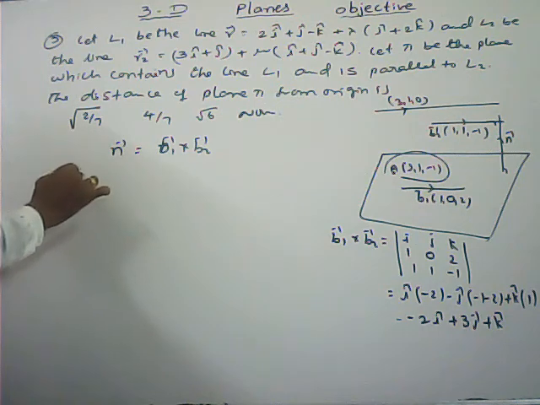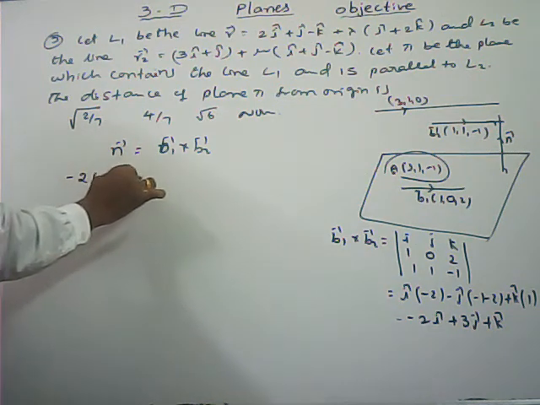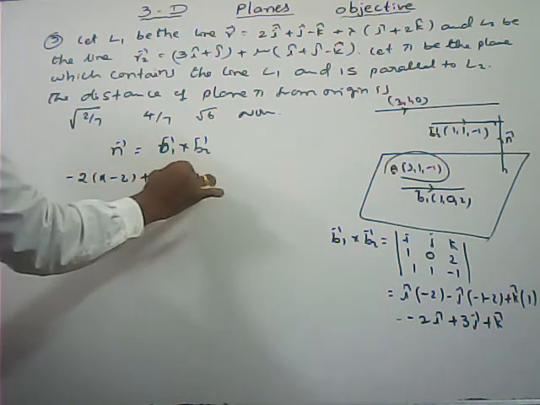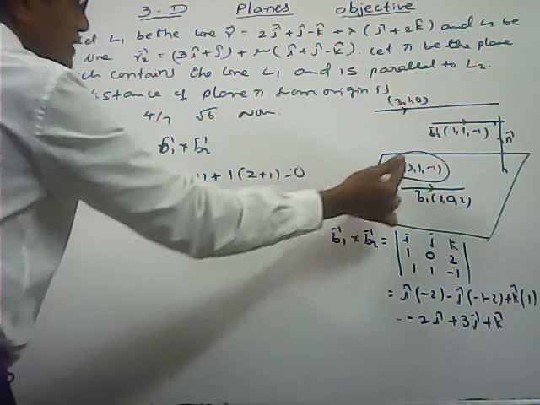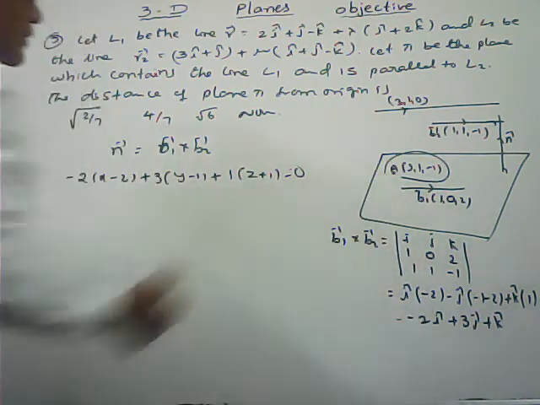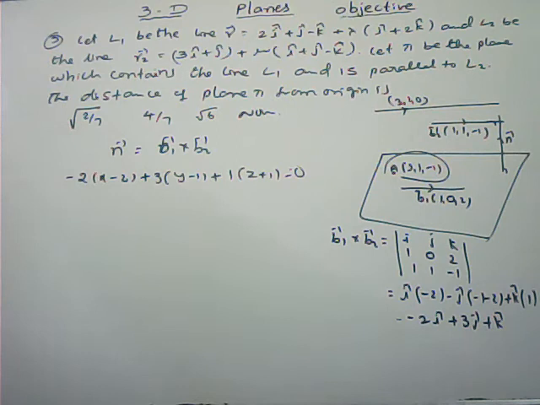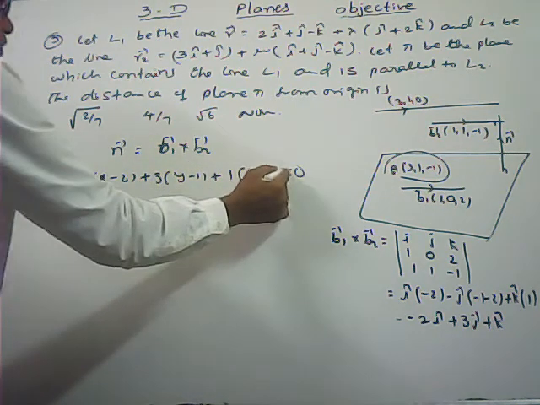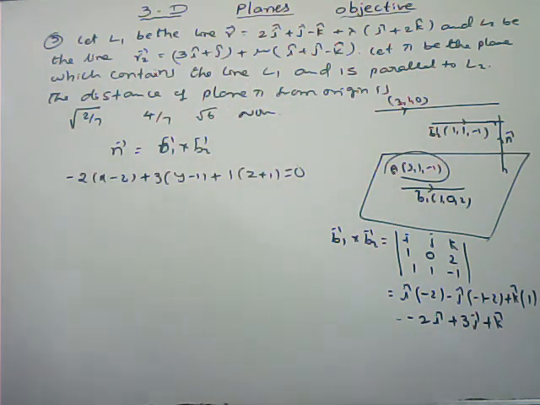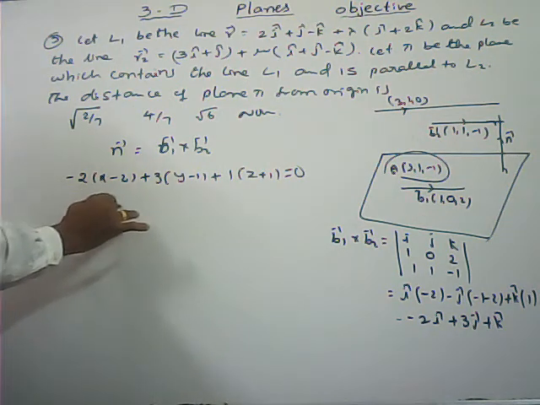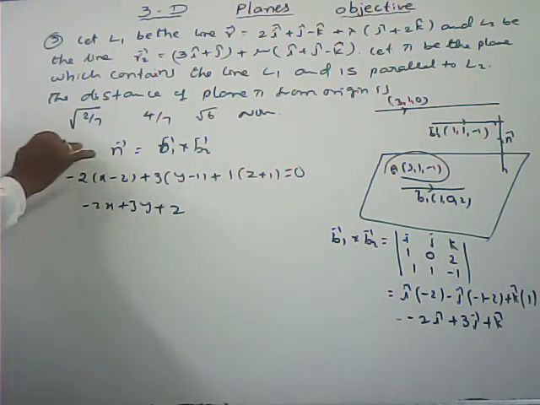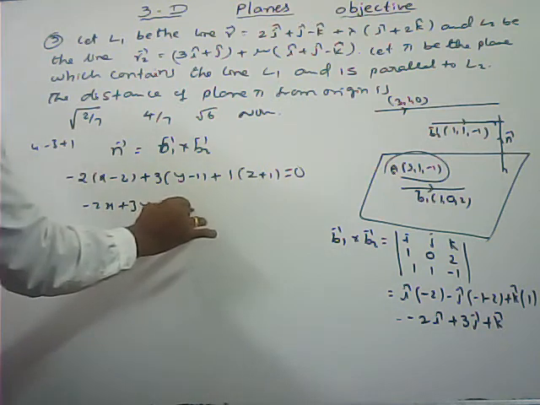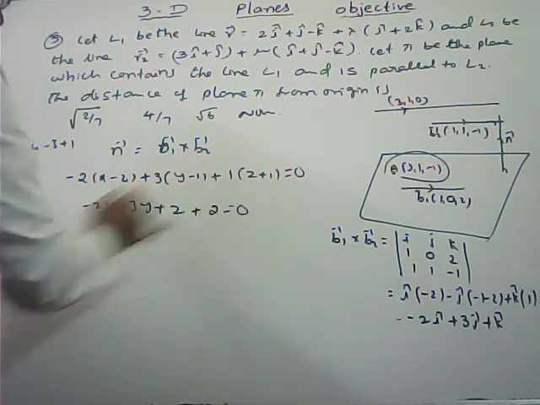The formula is a into (x minus x1) plus b into (y minus y1) plus c into (z minus z1) equals 0. This is x1, y1, z1, and the normal a, b, c is minus 2, 3, 1. So minus 2x plus 3y plus z, 4 minus 3 plus 1, that is 2, equal to 0.